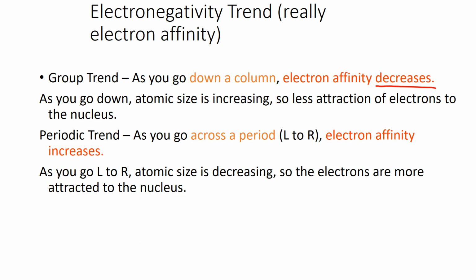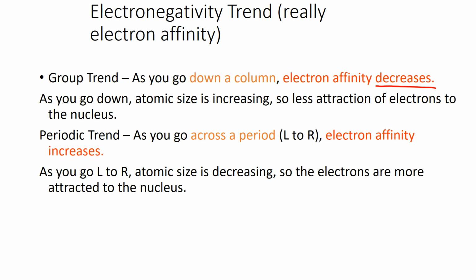The reasoning is the same as before. Remember, as we're going across a period, we're adding protons and electrons. So as you get that higher positive charge, or to use the next level chemistry term, higher Z effective charge, that's talking about the positive charge in the nucleus.